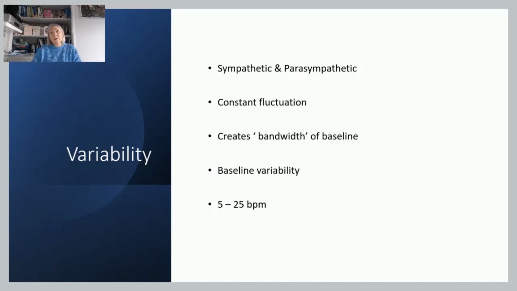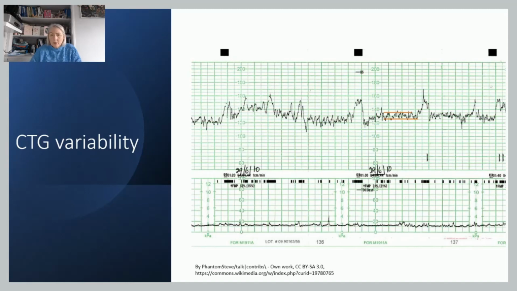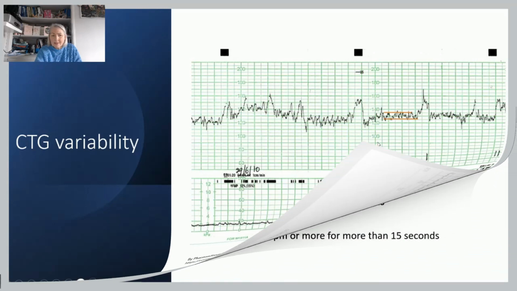And again, there are a number of things that can impact on that, and we're not actually going to go into those today. Again, looking at this picture, you need to look at least over 2 or 3 minutes to get your lowest point and highest point. This is going to give you your variability.